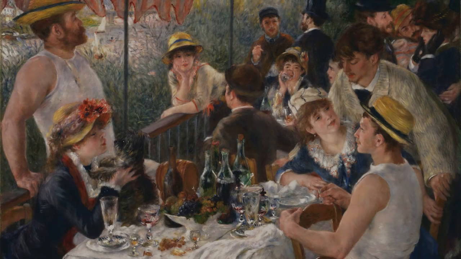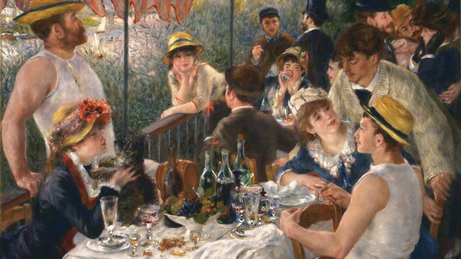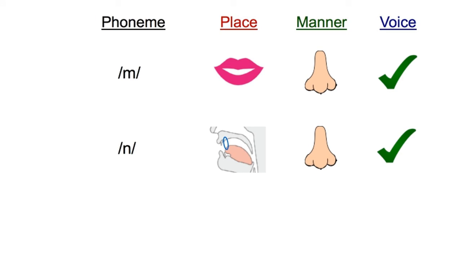When you listen to speech in noisy conditions, it is helpful to observe the speaker's mouth movements. For example, the phonemes b and n share the same voice and manner features, so they sound quite similar and can be easily confused.